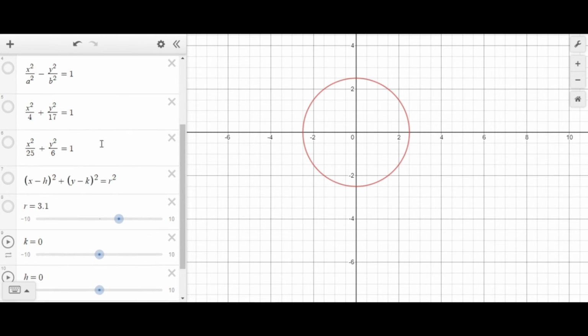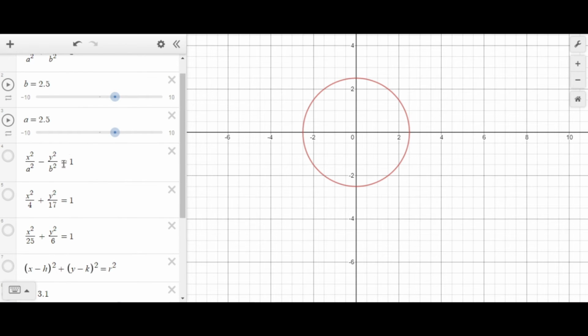Now let's see this equation of an ellipse. A is not equal to B, so it's not a circle but an ellipse. Which one is going to be the semi-major axis? Will this ellipse be elongated along the x-axis or y-axis?